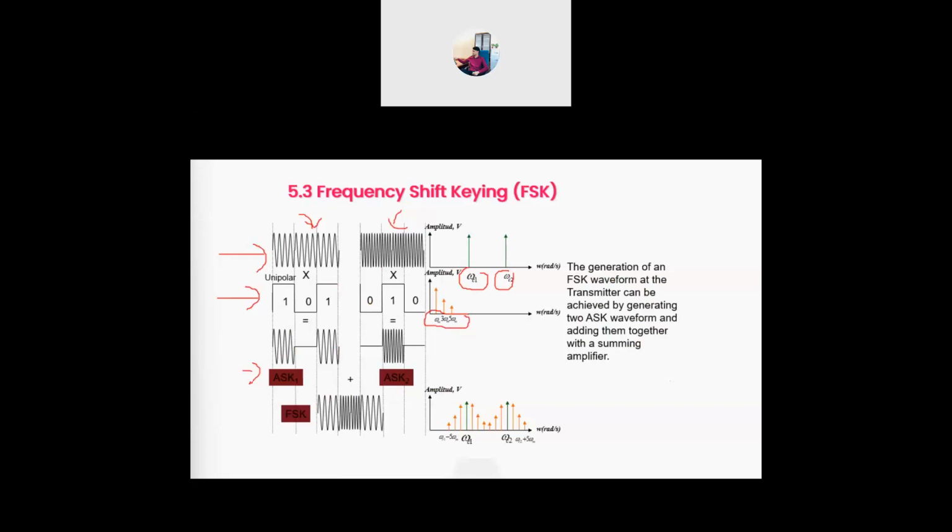Then ASK, what is the normal one? One that is inverted. That's why you have the inverter here. Can you see? Okay. So this one is ASK1. This one is ASK2. Okay. And this one is the information signal inverted. Okay. Then in the end, it will produce your FSK, with the carrier frequencies omega C1, of course, and omega C2.